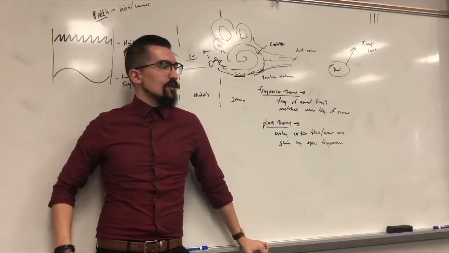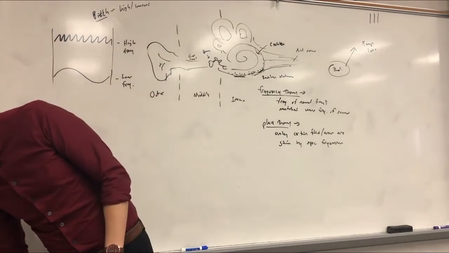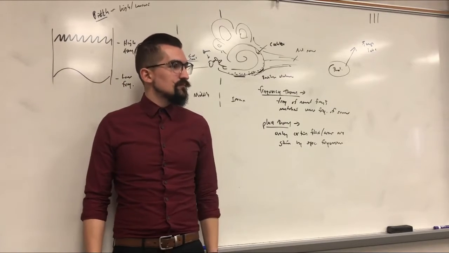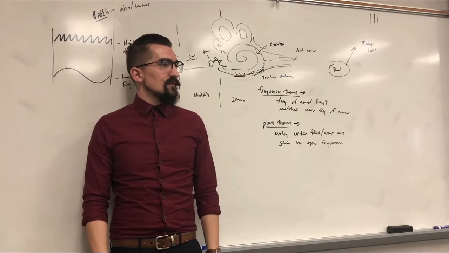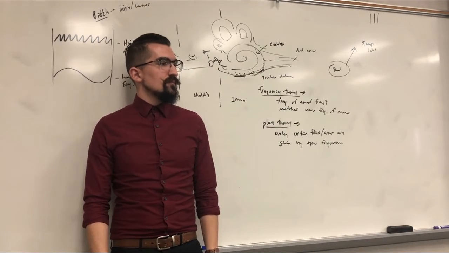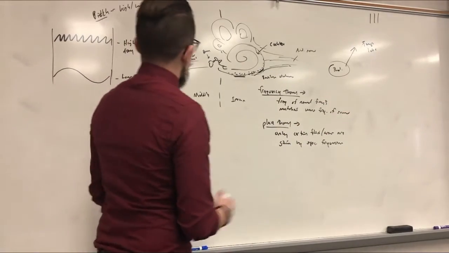Yep, so that way I would know the frequency exactly. What about place theory? Who's got that one? Like the little stringy thingies. Only some parts of it can hear that type of frequency. Yeah. So if it's high, only that part will activate, but the others will not. Yep, exactly. If it's low, it would be another part. Exactly. Good. Sounds like you guys got those.